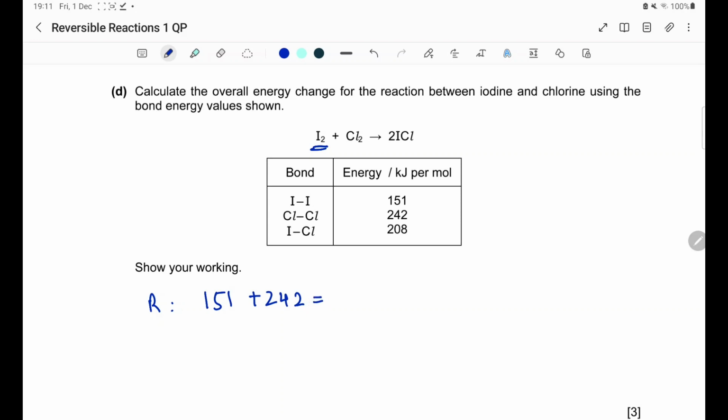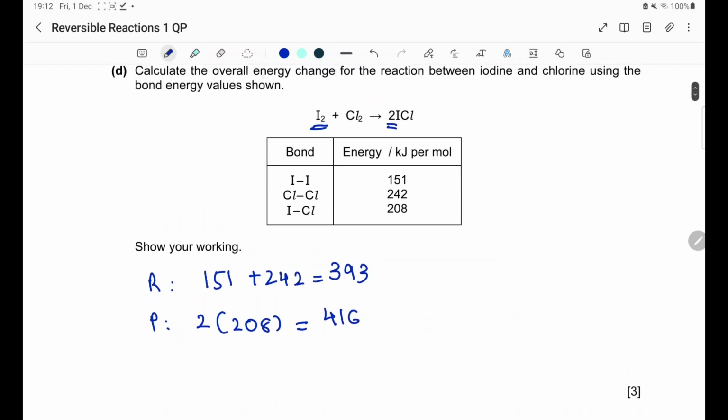That gives us 393. Then we'll do the product side, which is ICl, and you can see that there's a coefficient of 2. So you're going to do 2 into 208, which is given in the table. That is 416.